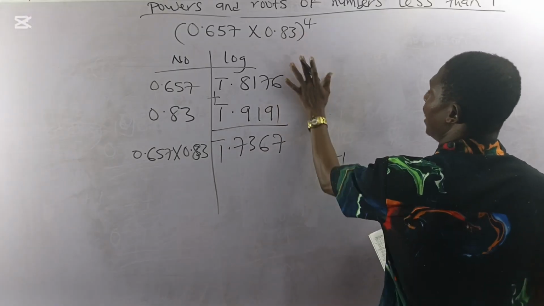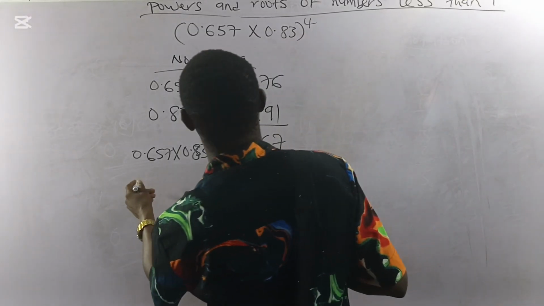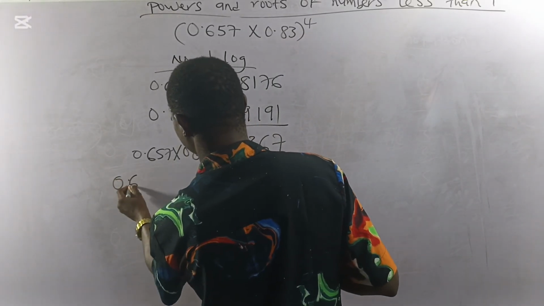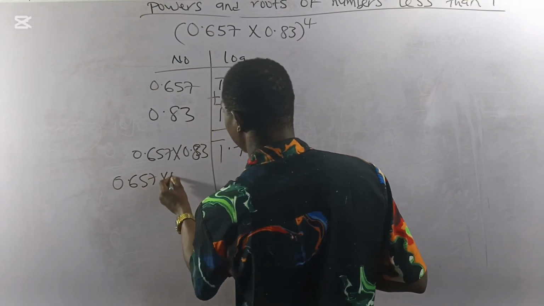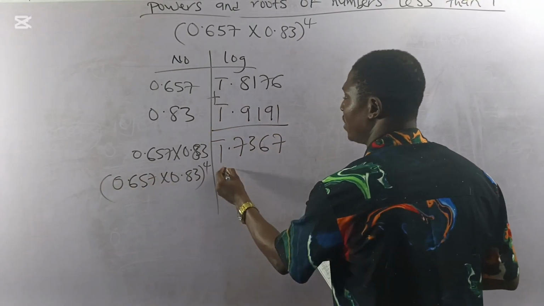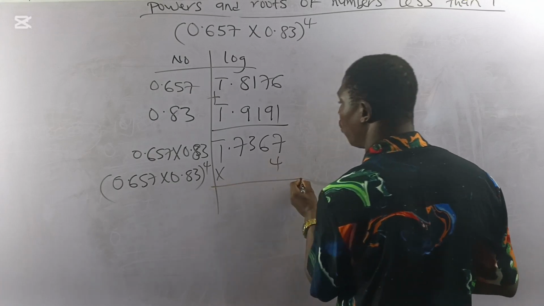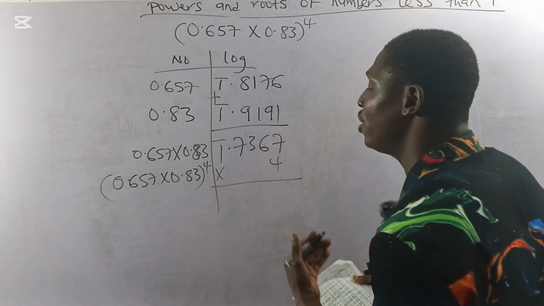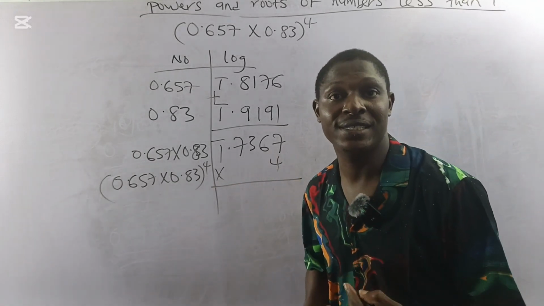Now, after having this, I also have 0.657 times 0.83 all raised to power 4. Raised to power 4 here is simply to multiply this by 4. Power is to multiply. Root is to divide. Take notes.